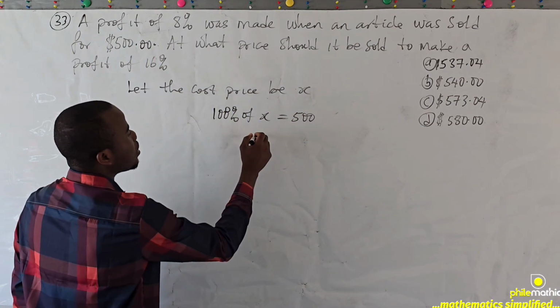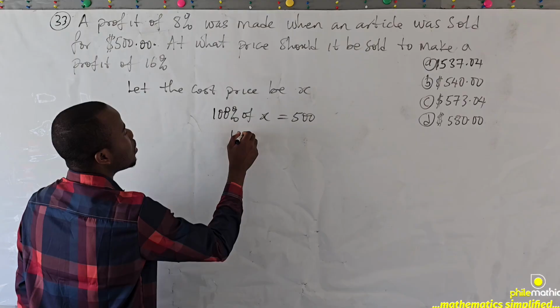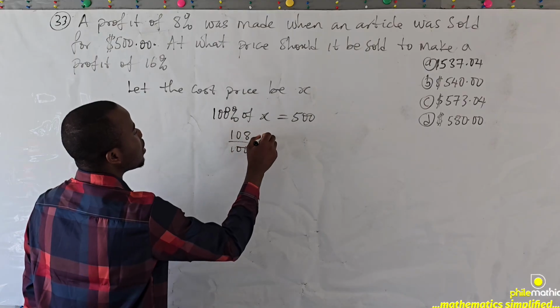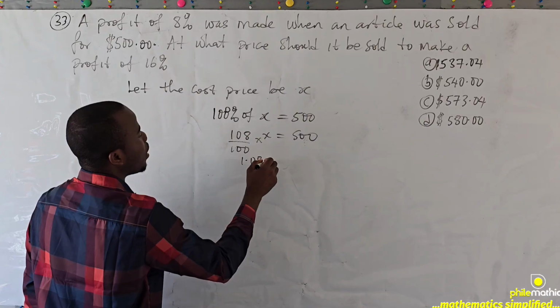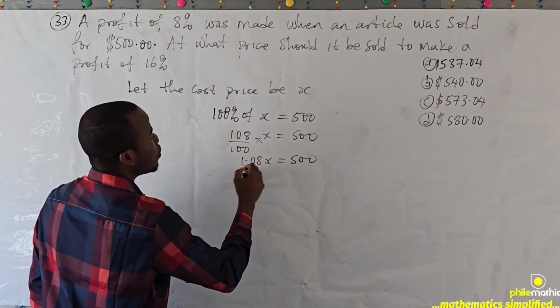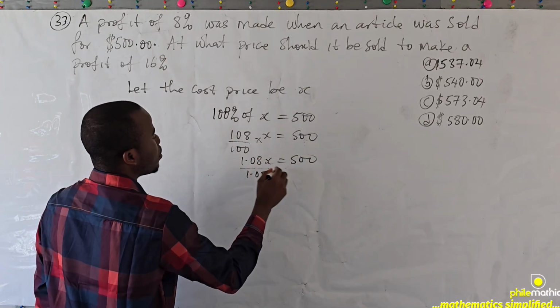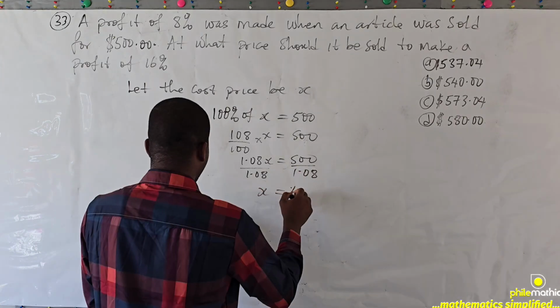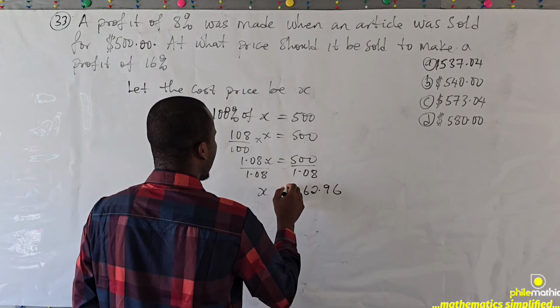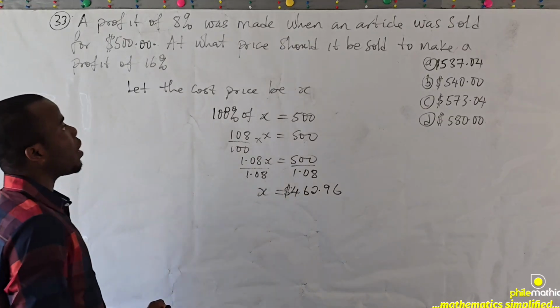So for us to get what X is, 108 over 100 times X equals 500. So this is 1.08X equals 500. So we divide both sides by 1.08, and this gives us $462.96. So this is the cost price.